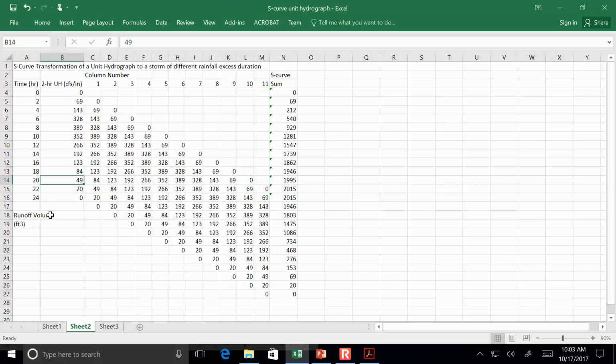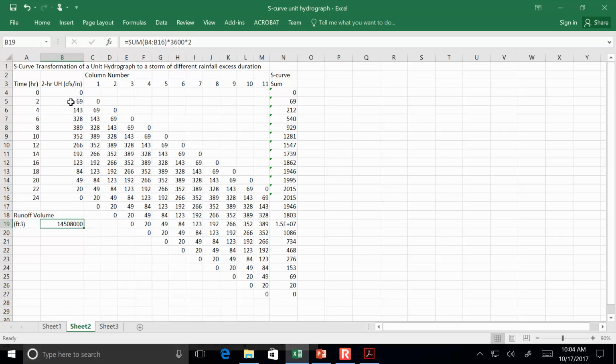Okay, so each one of these represents a 2-hour block. So to calculate the runoff volume, I think I can sum all of these up and then multiply that by 3,600 times 2, and then that will give me the runoff volume.